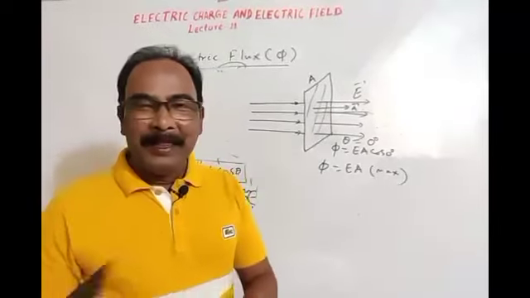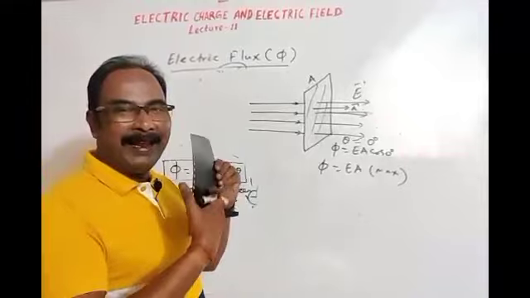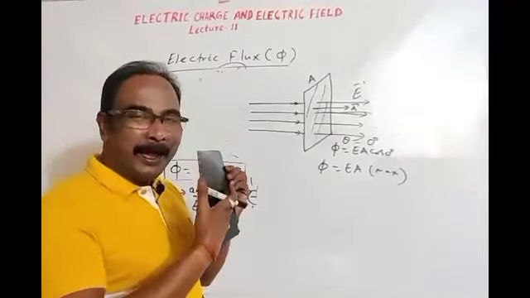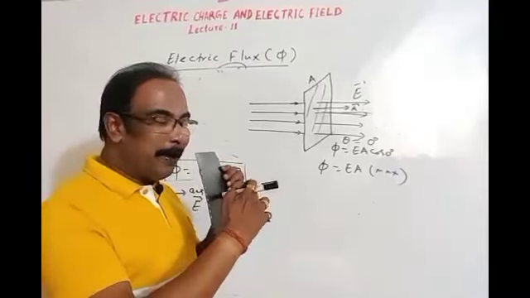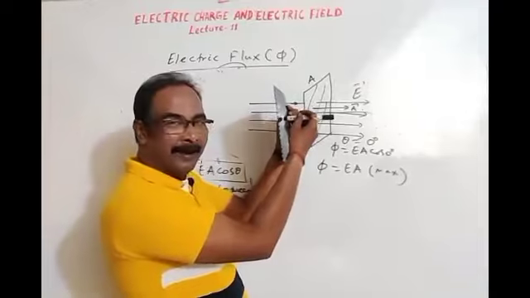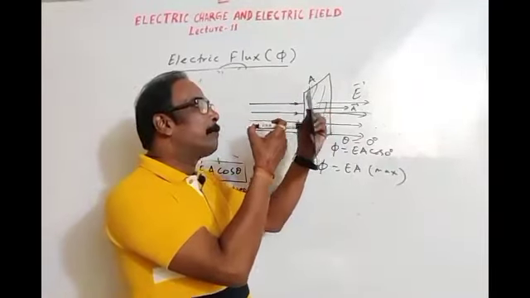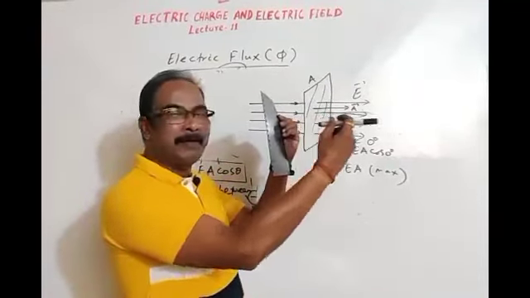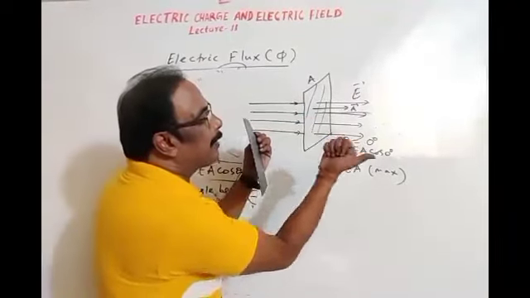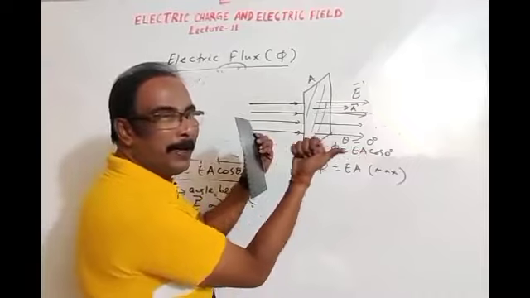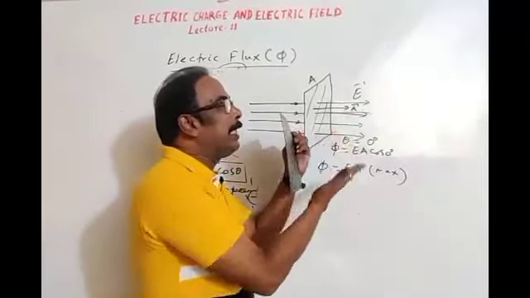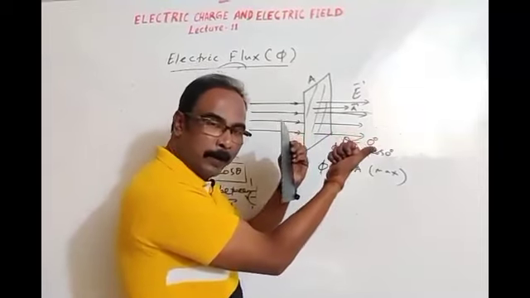Again, if the plane of area is held perpendicular to the direction of the electric field, the electric field is perpendicular to the surface, and the area vector is also perpendicular to the surface.